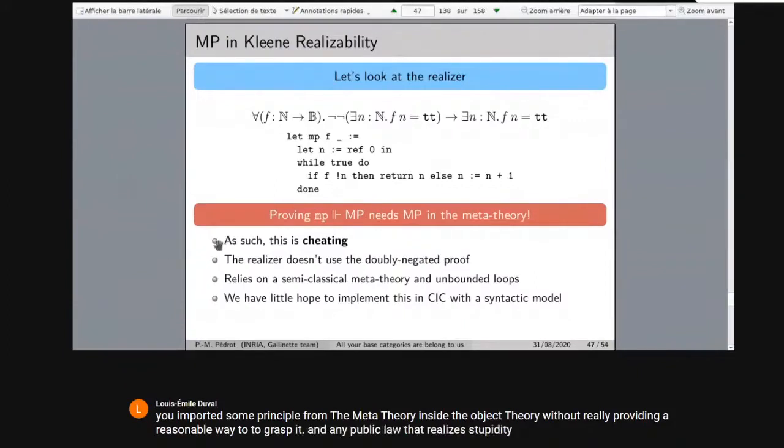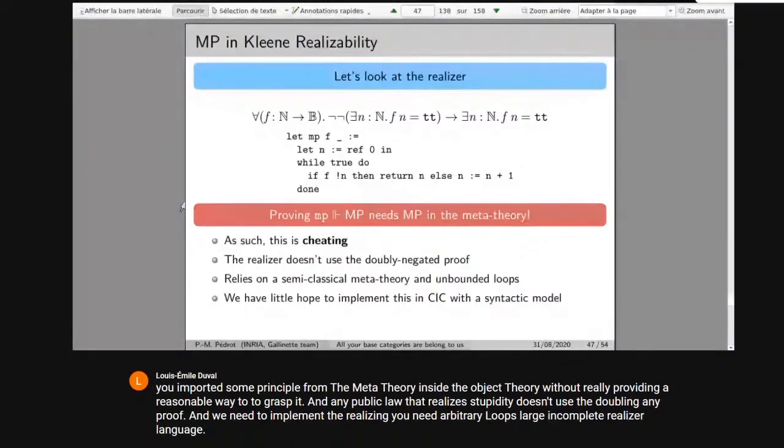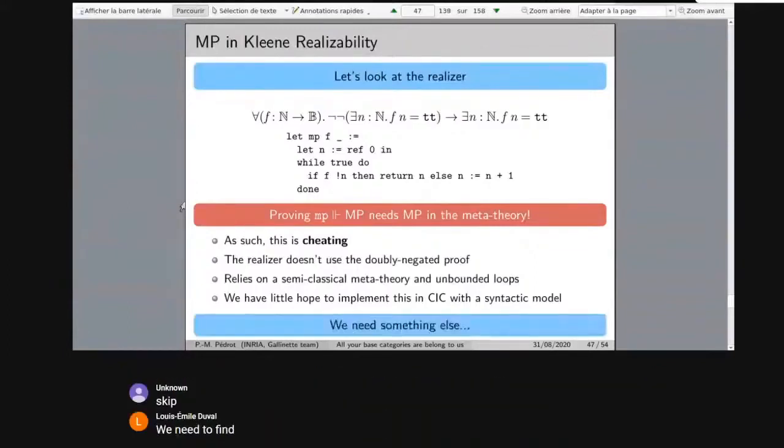It doesn't use the doubly negative proof. And to implement the realizer you need arbitrary loops, so in particular a Turing-complete realizer language. So this is kind of bad. If you want to do that in CIC, we're going to have trouble. So this is not a reasonable way to implement Markov's Principle in CIC. We need to find something else.